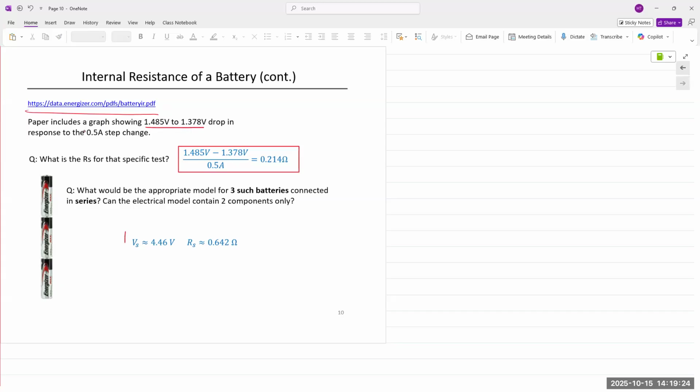So if you have 3 such batteries in series, what do you think is the series resistance and the voltage? The answers are given to you. I'm assigning this as student practice.